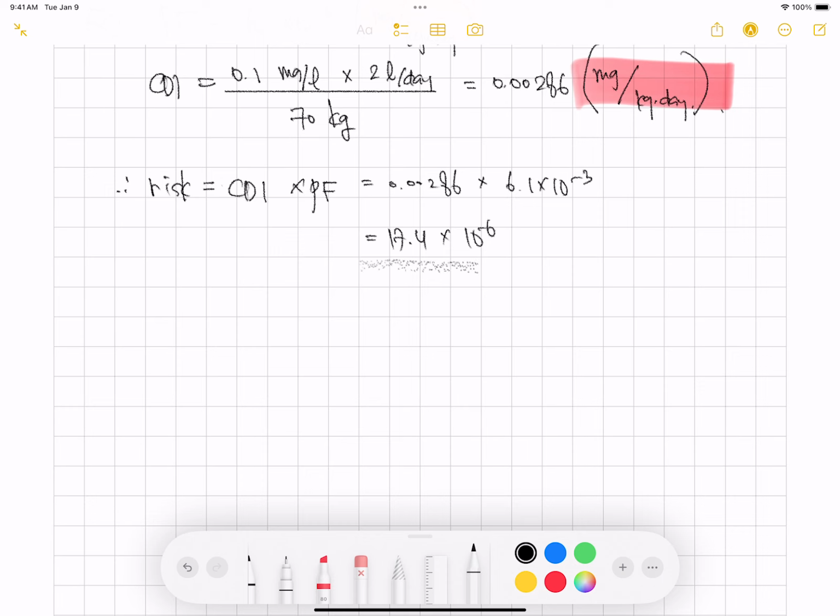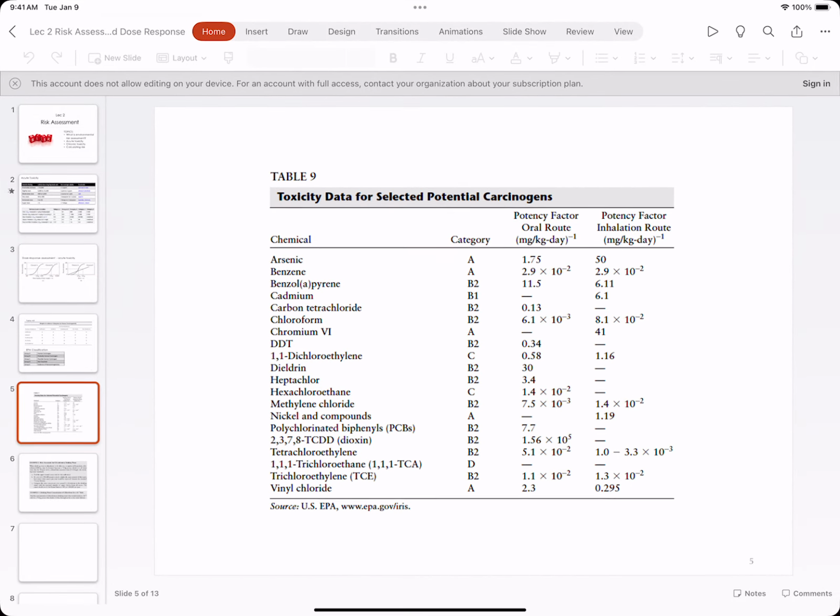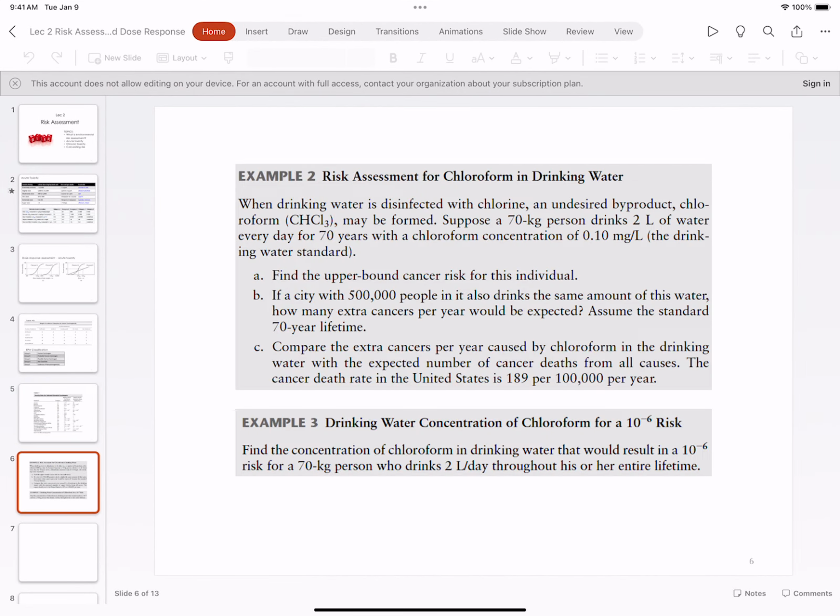So what it means, let's take a look at the example closely. If a city with 500,000 people, half a million people in it, also drinks the same water, how many extra cancers per year would be expected, right?